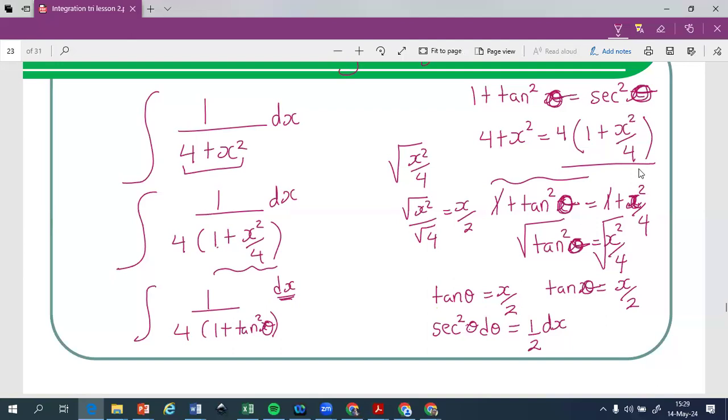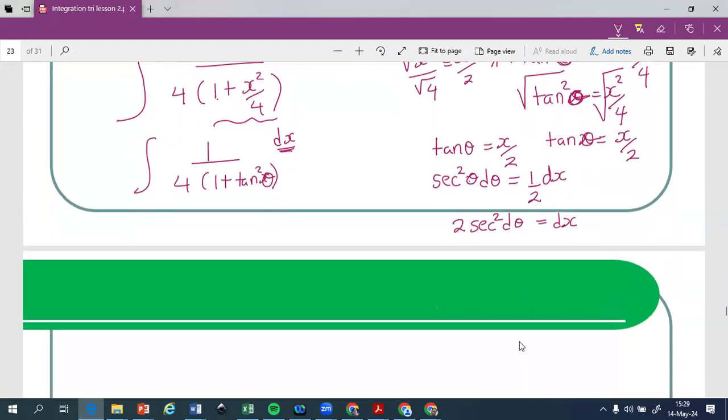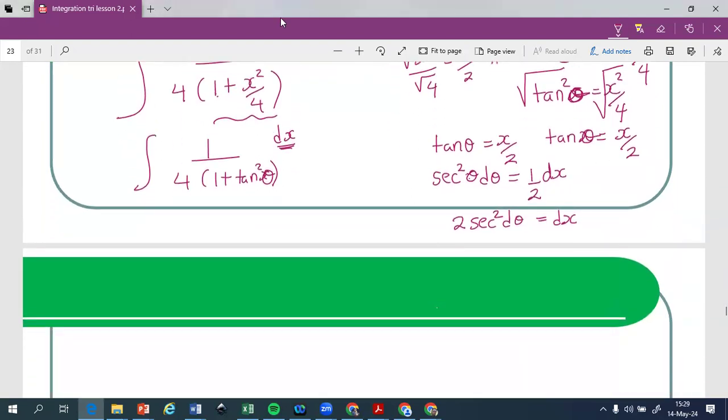I multiply throughout, so I end up with 2 sec squared theta d theta is equal to dx. Let me hope we're okay. Now where there is the dx, I put 2 sec squared theta d theta.